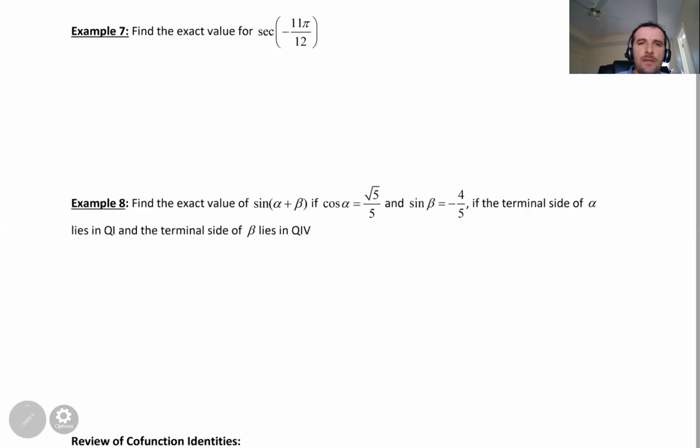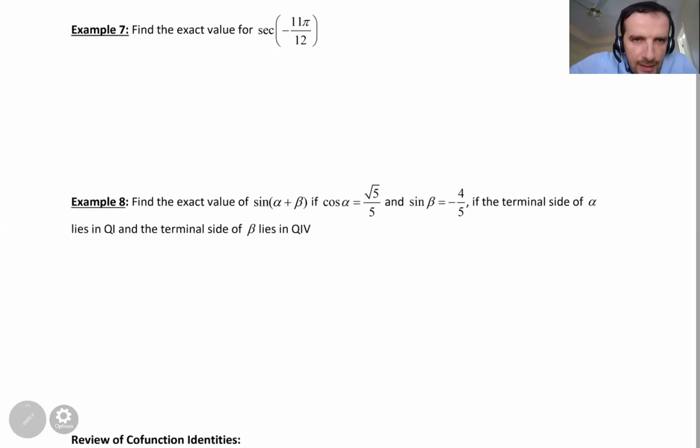Next example: find the exact value of secant of negative 11 pi over 12. To get secant, we should find cosine, because secant is 1 over cosine.